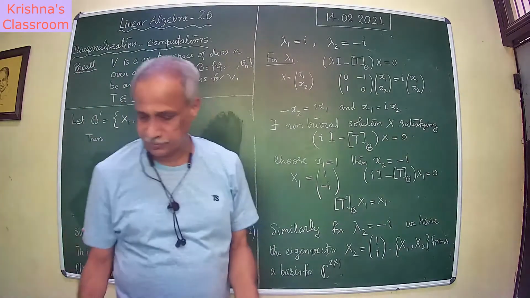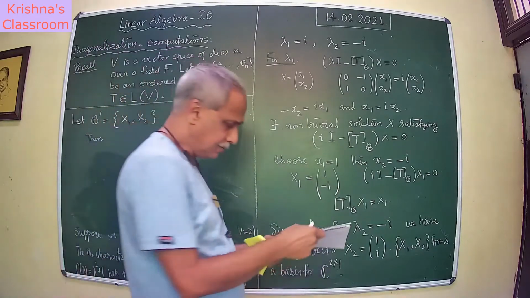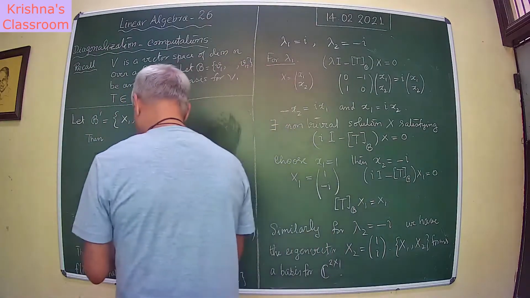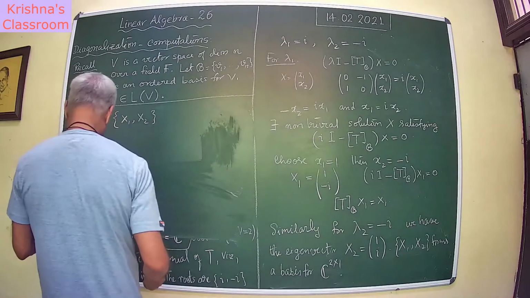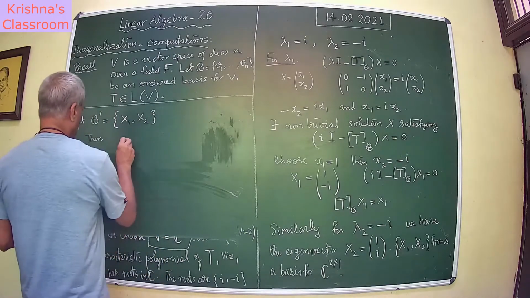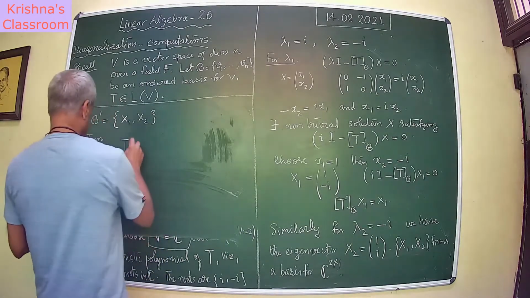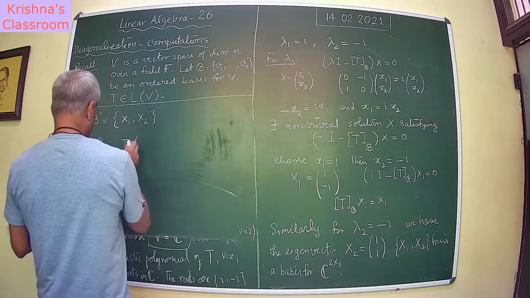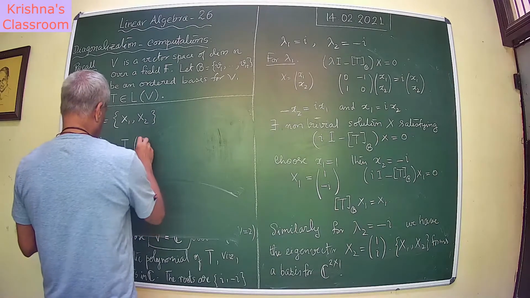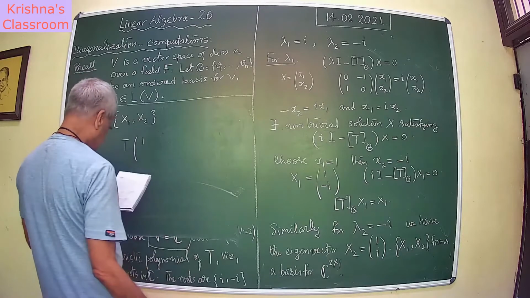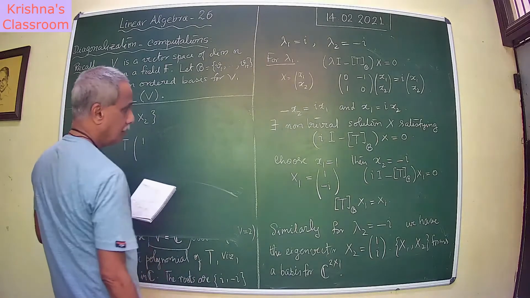Then what do we have? Let us find out what it is. E of 1 minus 1.